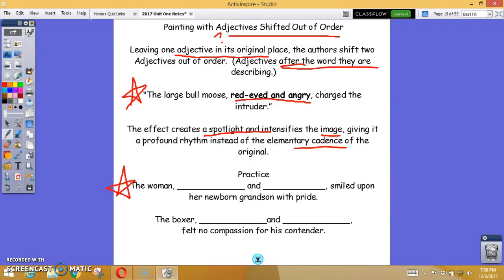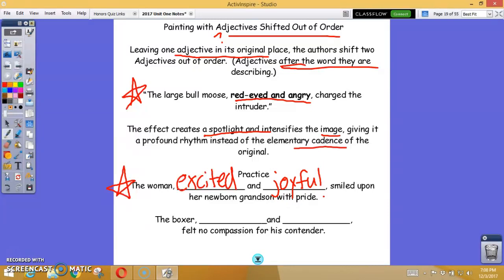It says, the woman, blank and blank, smiled upon her newborn grandson with pride. So we need to think about something that would fit this sentence. Let's imagine that she is excited about having a new grandson. So that would be an adjective, all right? And let's maybe say joyful. That's another good adjective here. And again, this is just very basic.